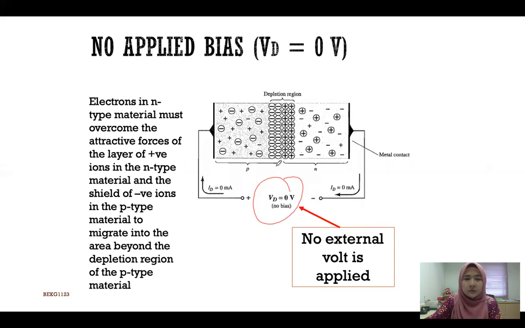So no applied bias, VD equals 0, meaning that we don't connect it to an external voltage. So you will have something like this. This is basic. You have P-type, N-type, and you have a depletion region.